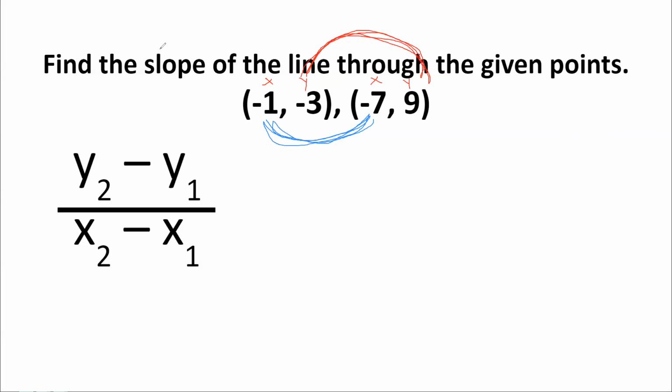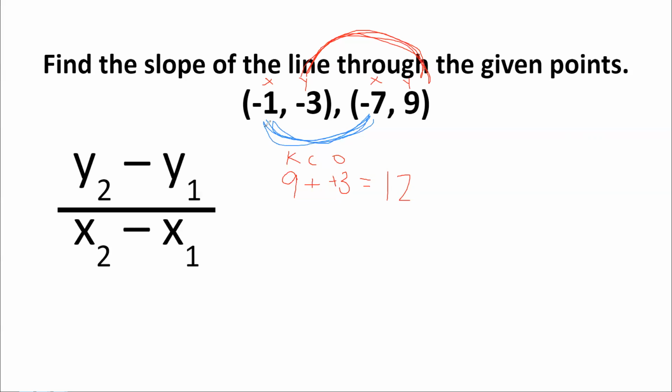So what I'm doing now is I am taking y2 minus y1. So y2 is 9 minus y1 is -3. So 9 minus -3. And that equals, once I KCO it, I can tell that it equals 9 plus 3, which is 12.